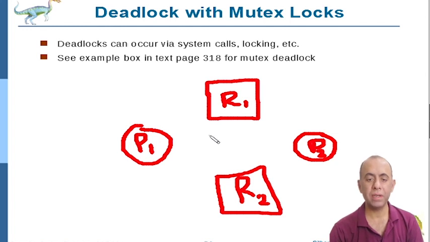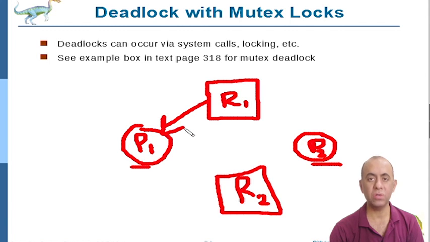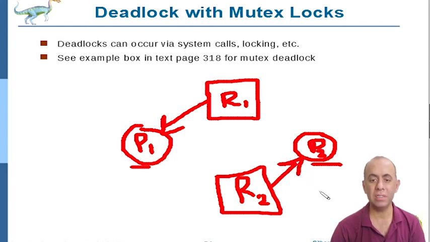There comes a point in the life of these processes P1 and P2 that P1 has acquired resource R1. It requested resource R1 from the operating system. The operating system gave that resource to process P1. Process P1 now has the control of resource R1, and similarly at the same time process P2 requested resource R2 from the operating system, and R2 was given to process P2 by the operating system. These two things happened in parallel or one after the other.